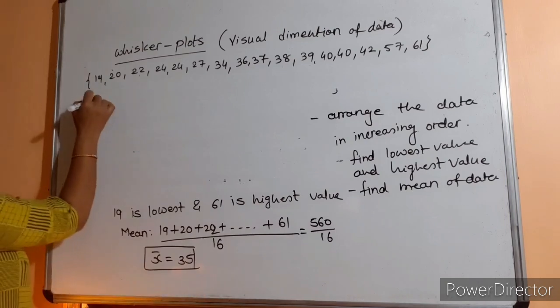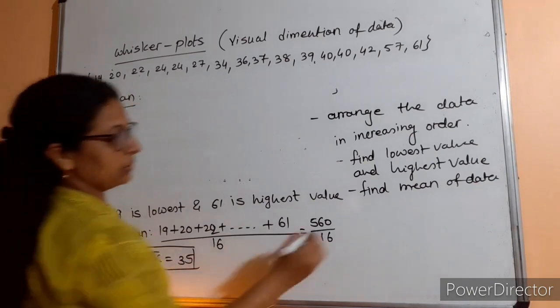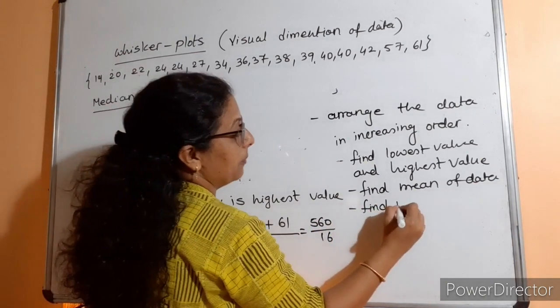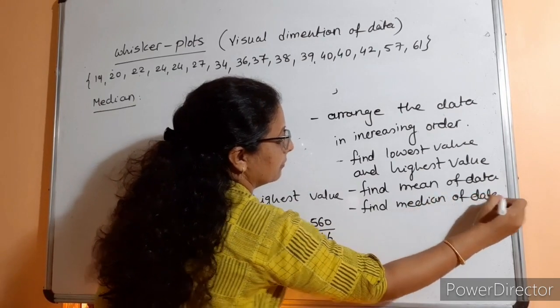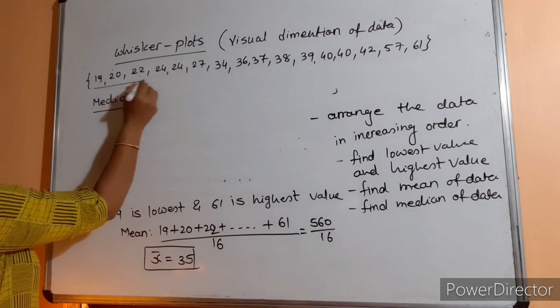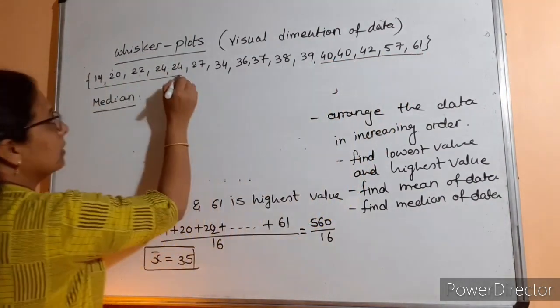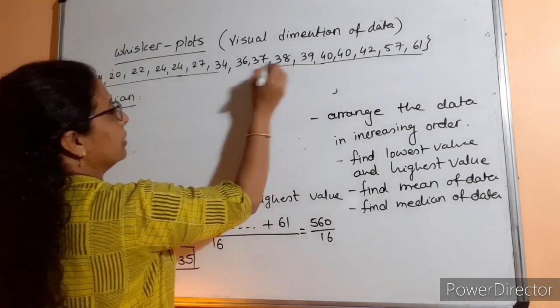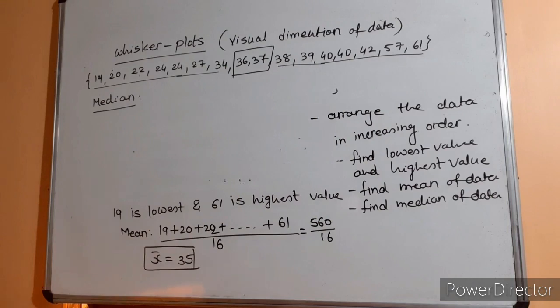Now you want to find the median. The fourth step is to find the median of the data. So, how to find? We know that here is 1, 2, 3, 4, 5 from here, 1, 2, 3, 4, 5. 2 here, 2 here. So, these are the two middle terms, right?